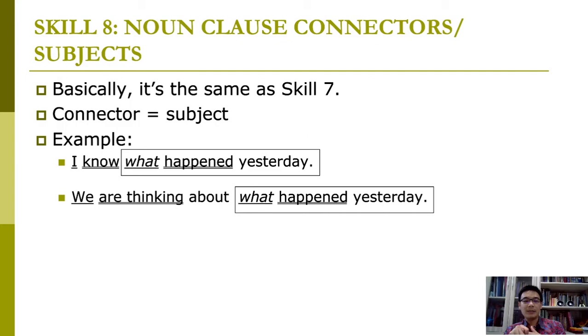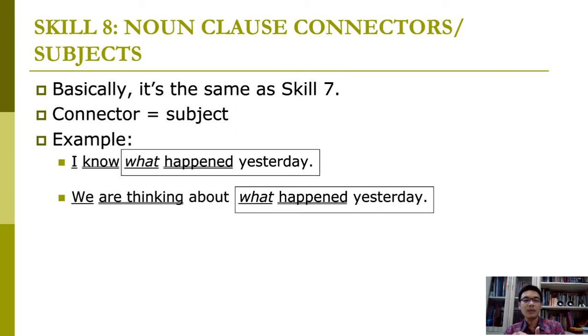In the second example, the noun clause functions as the object of a preposition, about. So it is actually the same. The difference with the previous skill is that in this skill, the connector is also the subject of the clause.